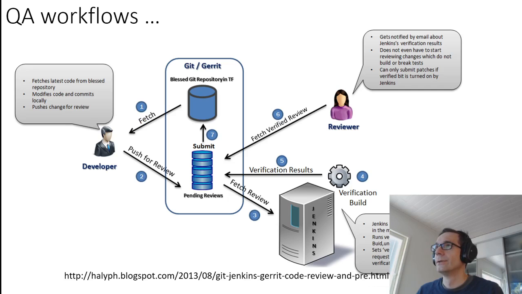So in here you fetch again the source code, or clone the source code from the repository. You modify code, commit locally, and push changes for review. Now it goes for review, but it actually starts with this Jenkins continuous integration machine that verifies the build.